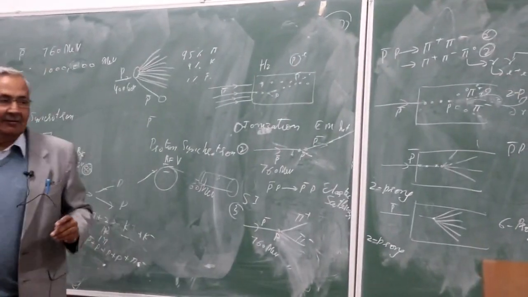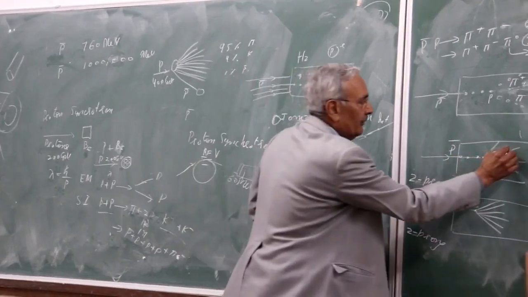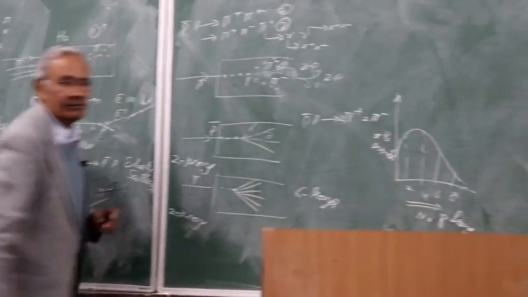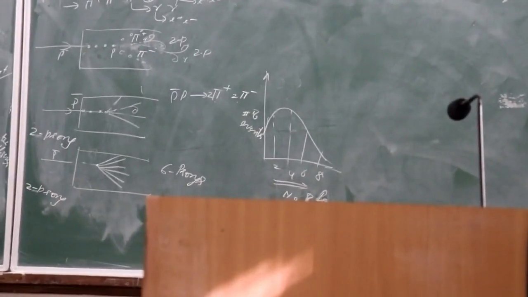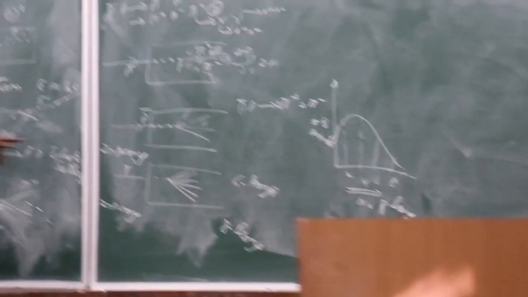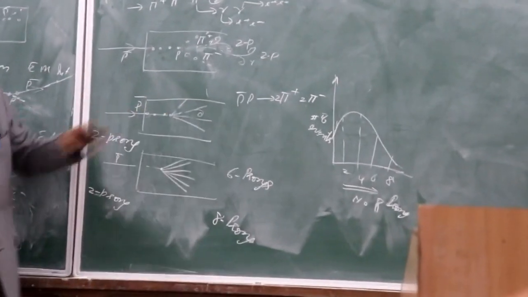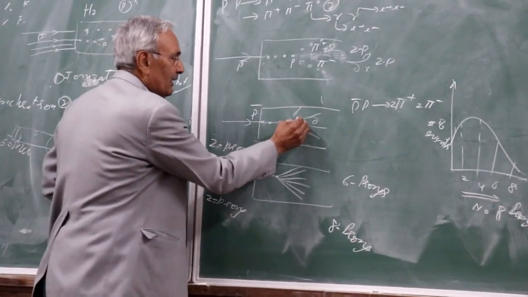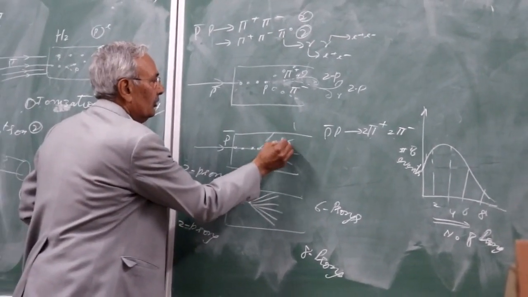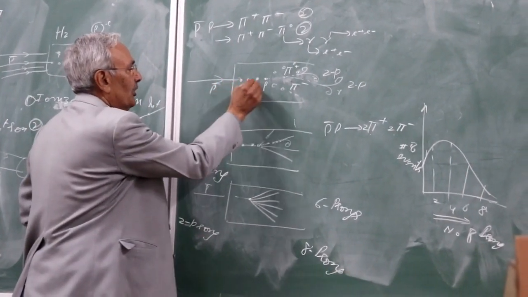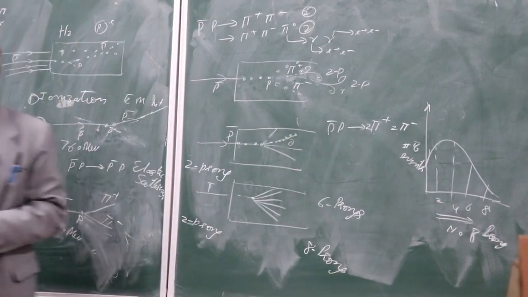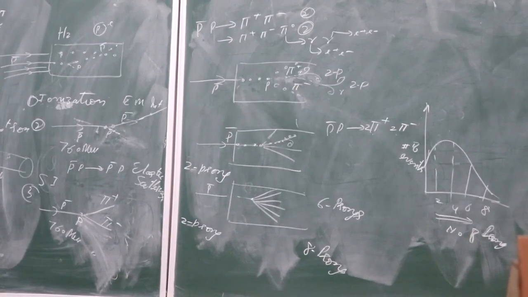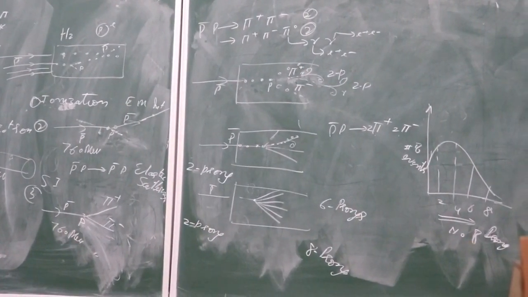Another picture you might have seen is something like this one also. Okay? So what is that? This is a pion that is passing through the liquid, and the pion is also ionizing the atoms. So it is not only the antiproton interacting with the target proton, but the pion is also interacting with the atom, ionizing the hydrogen atom.